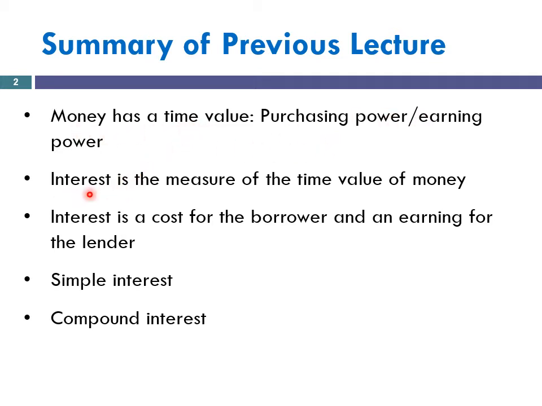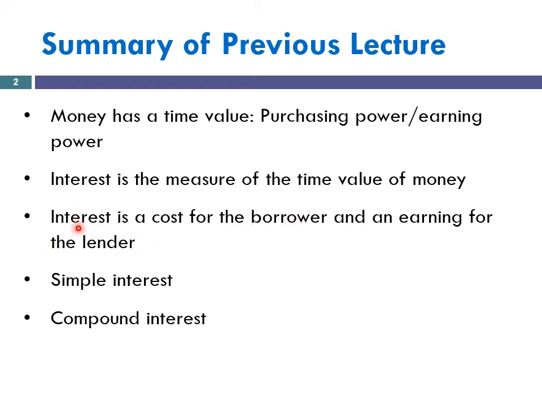Also, we learned that interest is the measure of the time value of money. If your money earns an 8% interest rate, this 8% is the measure that we use for the time value of money. Usually for these money transactions, we have a borrower and a lender.